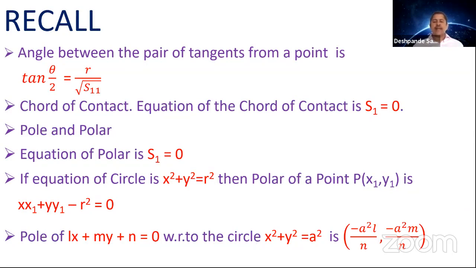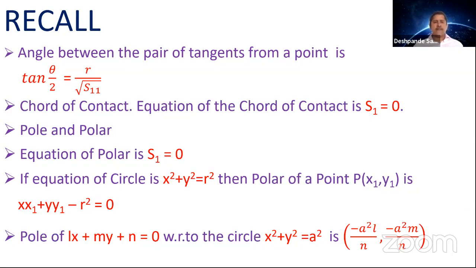Then we compared that equation of polar with the equation given here. You get a proportionality. From solving those proportions, you get the values of x1, y1, which is called the pole. That is the procedure we followed in the previous class.